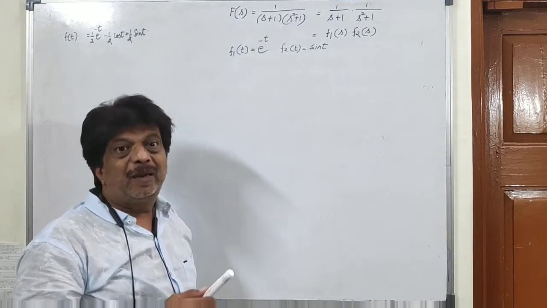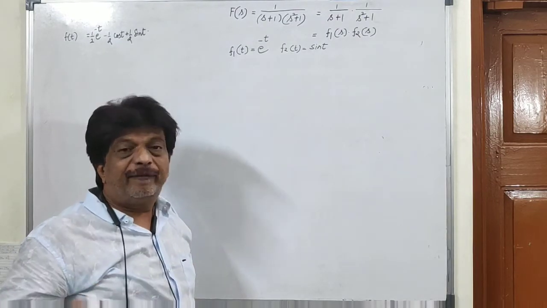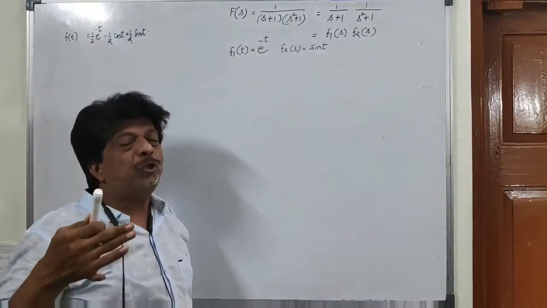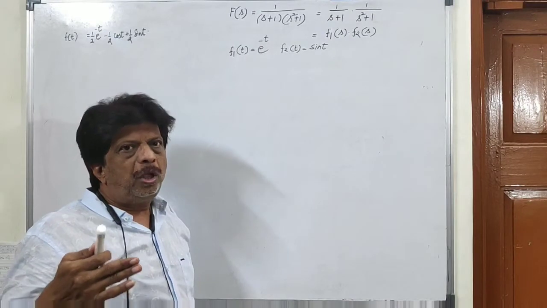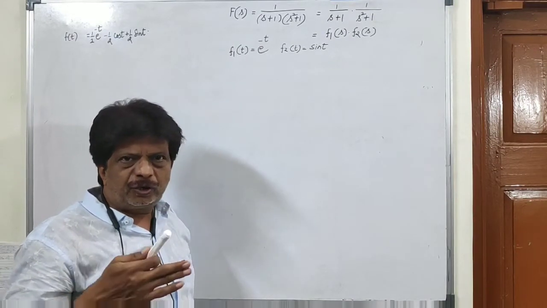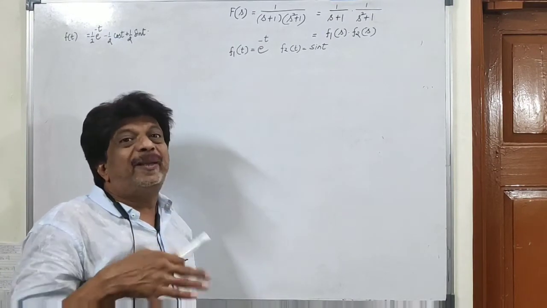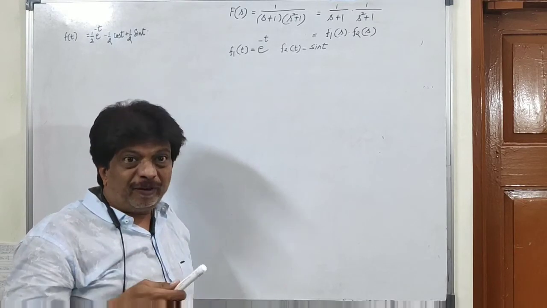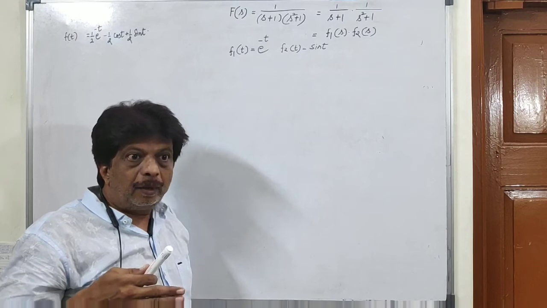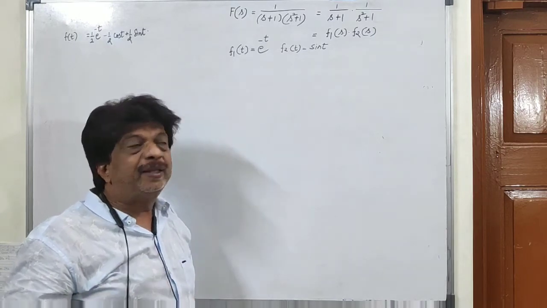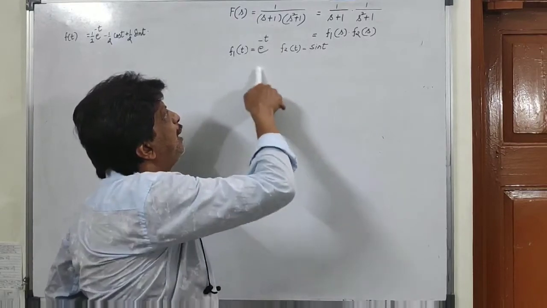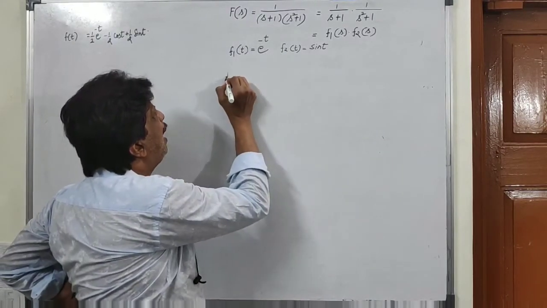In one function t is replaced by u, in another function t is replaced by t minus u. So out of this pair of functions, choose the simpler function, and that simpler function gets t replaced by t minus u. Out of these two functions, e to the power minus t is the simpler function.